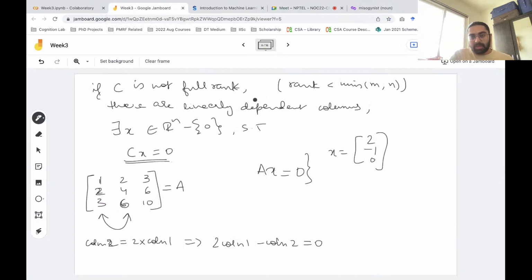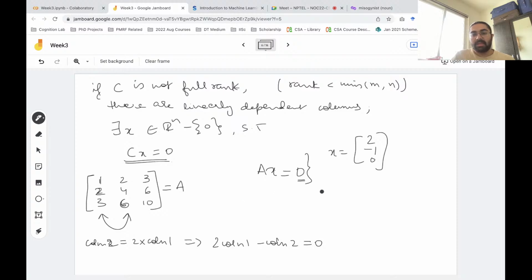All right. So if you were to compute this product A into x, where x is 2, minus 1 and 0, you will get the vector 0, right? So what happened is you found a vector x such that Ax is equal to 0 and this x is not 0.